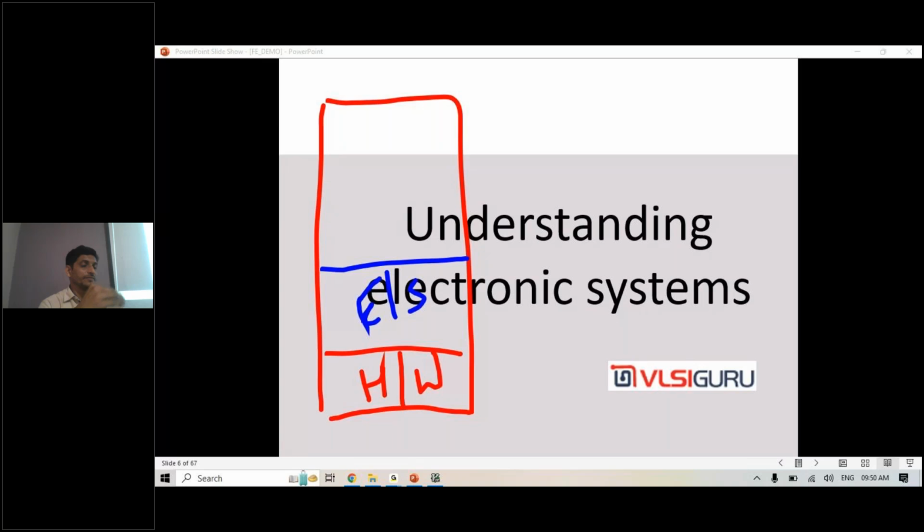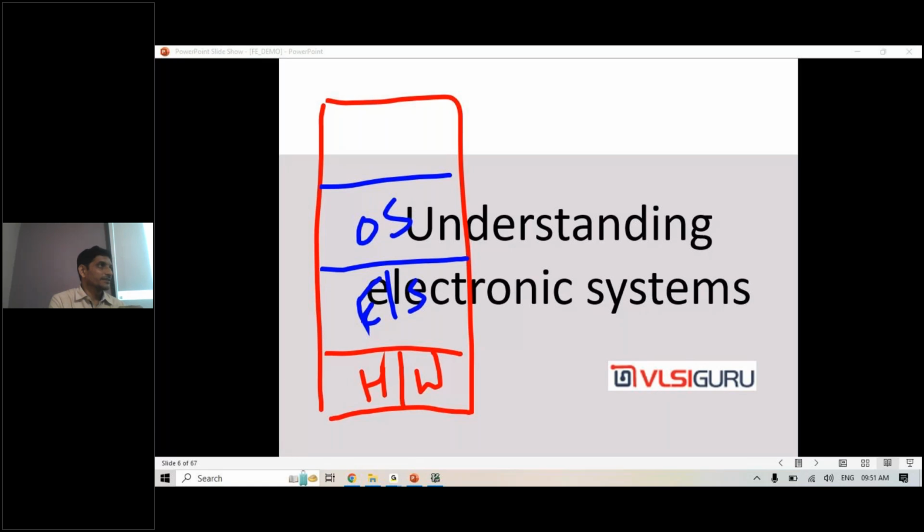This is the second layer. On top of these drivers or firmware, you have the operating system. On top of the operating system, what do you do generally? Once you get the phone, what else do you do on top of the phone?